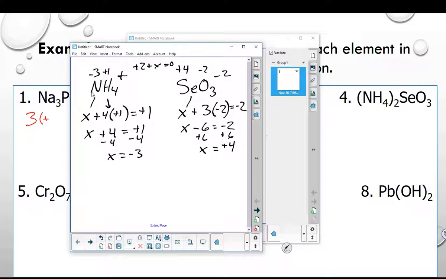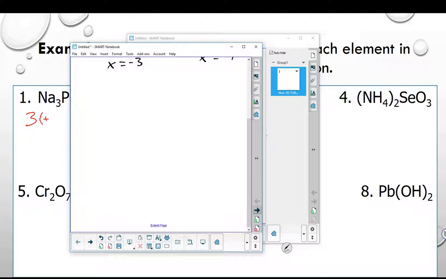Okay, so if we go to, let's see if I can do this. Extend the page then. Okay, so on the next one, Pb(OH)2, I don't know this, X, but I do know that I have 2 oxygens, and each oxygen's a -2, so I can put -2 on the top, and I know each hydrogen's a +1.